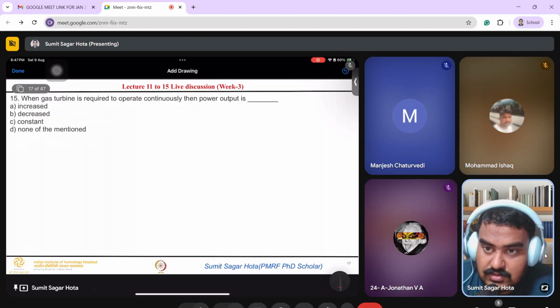When the gas turbine is required to operate continuously, the power output is dash.